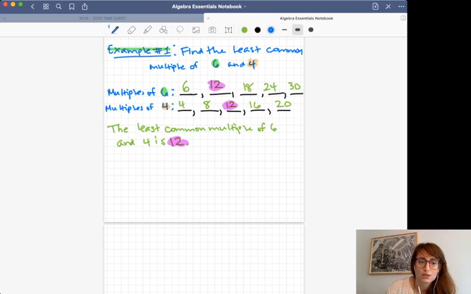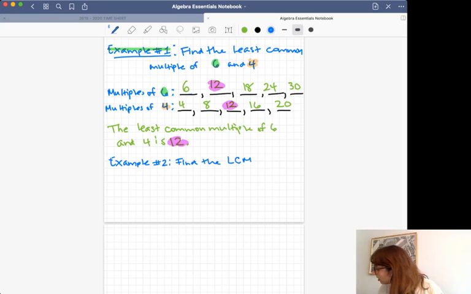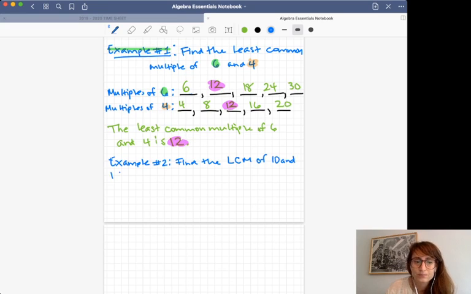So here's example number 2. And we are going to find, I'm going to abbreviate and put, LCM of 10 and 15.